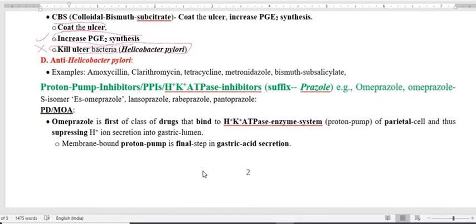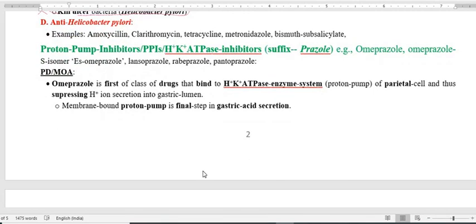So now we have to go through the drugs one by one that we have classified. The first one is the PPI. Under the PPI, we have to discuss the mechanism of action of the proton pump inhibitor.